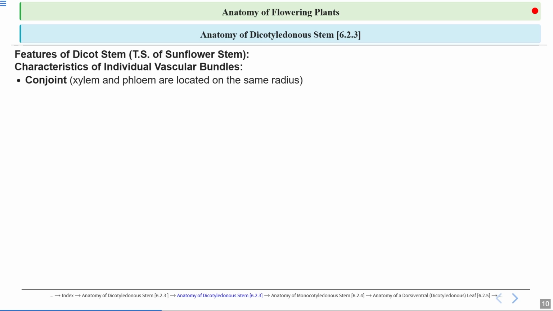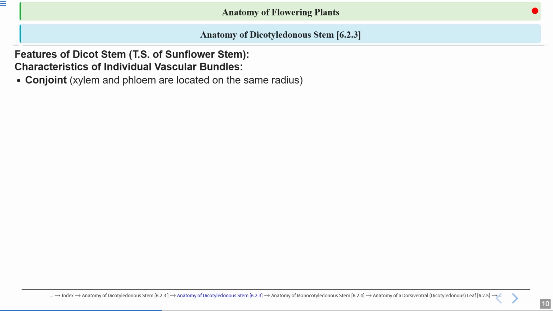Xylem will be present on one radius, phloem on another radius, again xylem, again phloem. So there will be an alternating arrangement of xylem and phloem radially. Here also, the vascular bundles are arranged radially, but the xylem and phloem are present on the same radius. So that type is called a conjoint vascular bundle, a very important feature of the dicot stem.